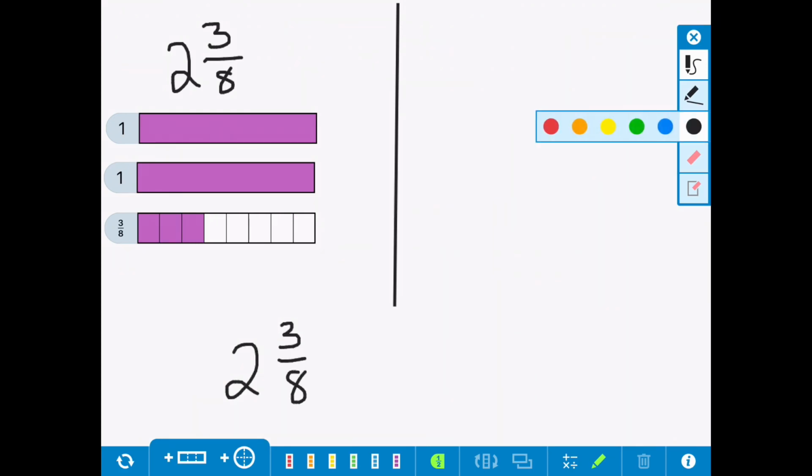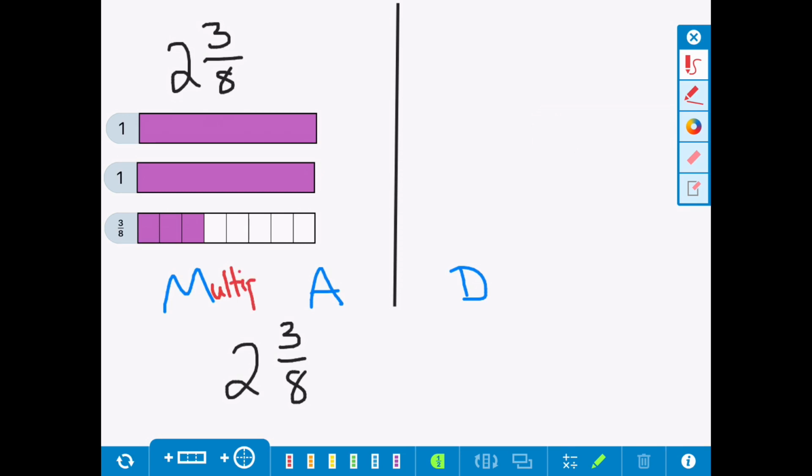I'm going to write in those letters: M, A, and D. So M stands for multiply. I'm going to put a little multiply symbol in between the 8 and the 2. So the very first thing I'm going to do is multiply 8 times 2.